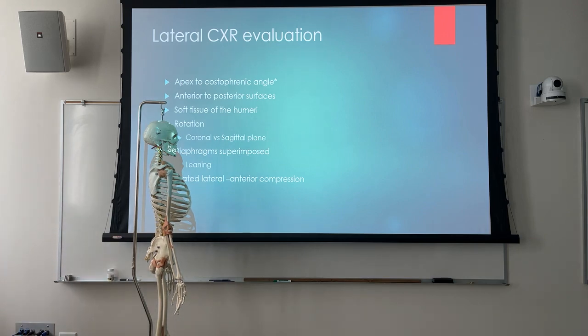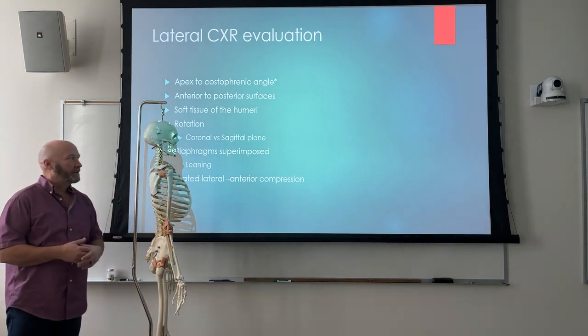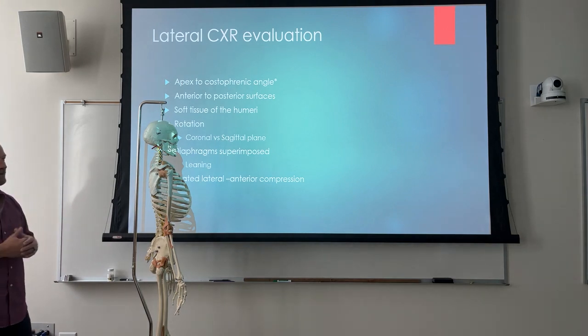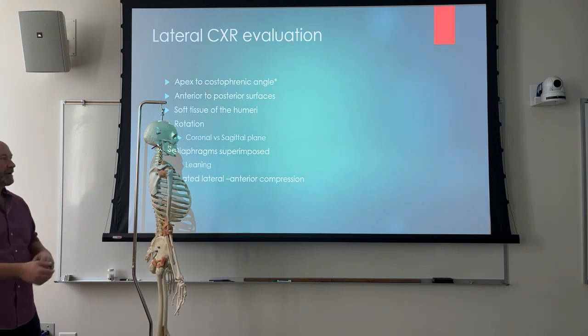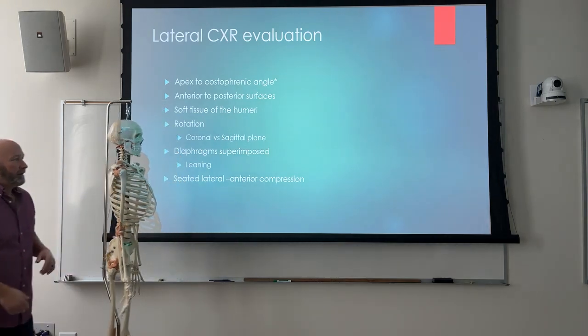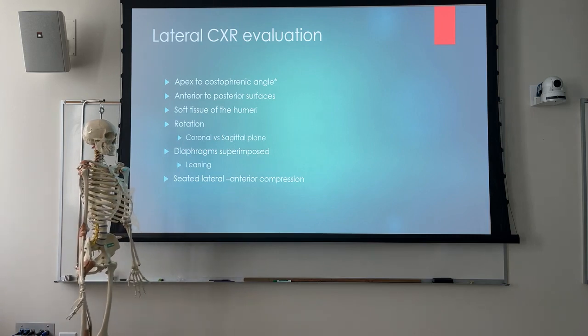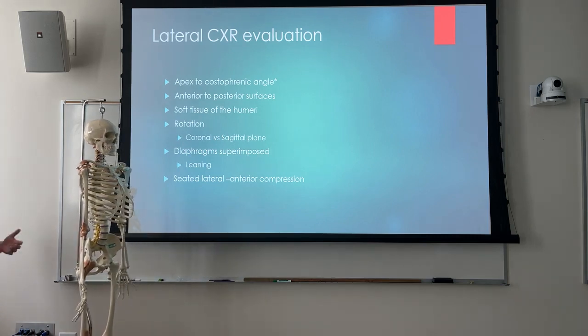Anterior and posterior surfaces, soft tissue of the humeri need to be out of the way. We're going to evaluate rotation as your coronal versus sagittal plane positioning. As long as your sagittal plane is parallel and coronal plane is perpendicular, you shouldn't have any kind of rotation. Your diaphragm should be superimposed, and we'll talk about the significance of that.